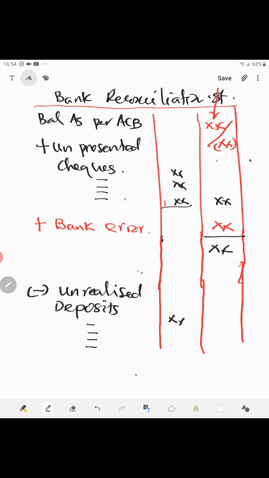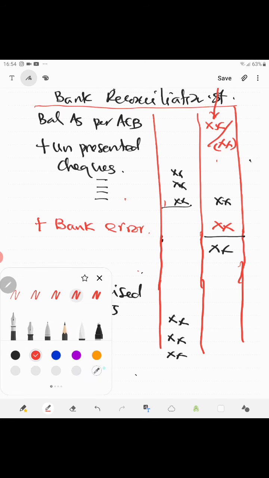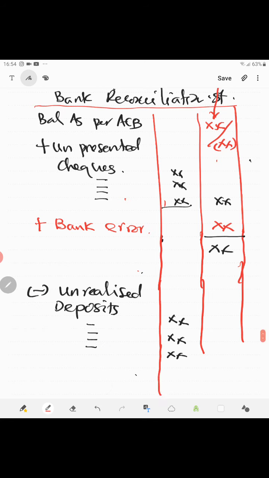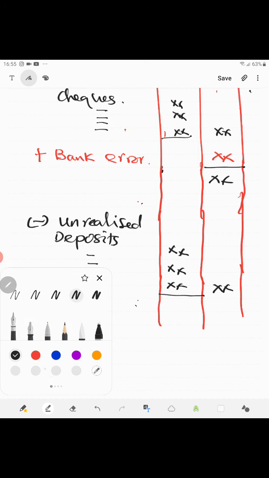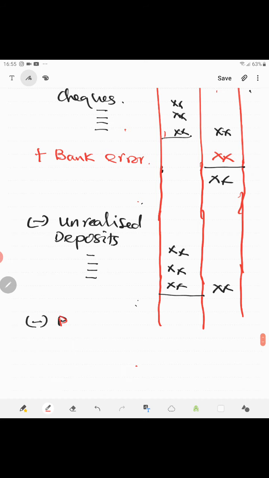So you have to take those totals here. So we take that, and this bank error can be an addition error or a subtraction error. So therefore, we have to subtract the bank error, if any, with an effect of deduction. So we take that as well.